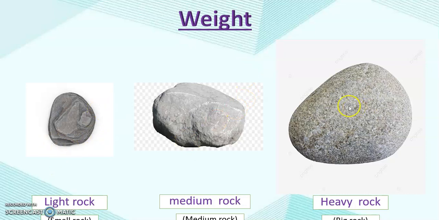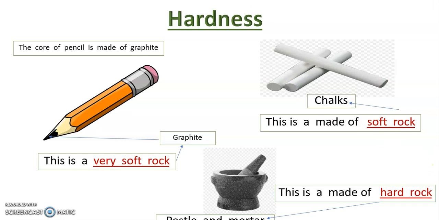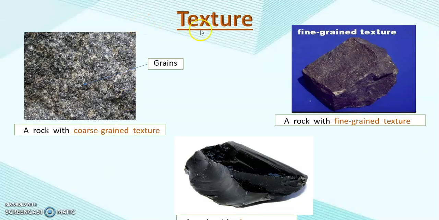The weight of a rock depends on the rock. There are light rocks, medium rocks, and heavy rocks, or small rock, medium rock, and big rock. Number 4, hardness. We have a very soft rock, chalk made of soft rock, and number 3 made of hard rock, pestle and mortar.